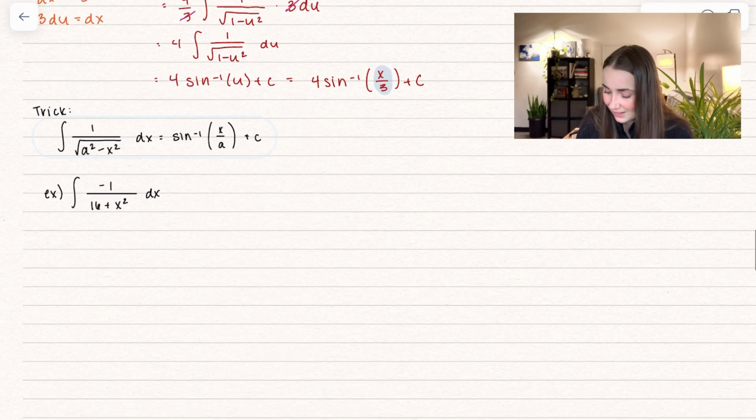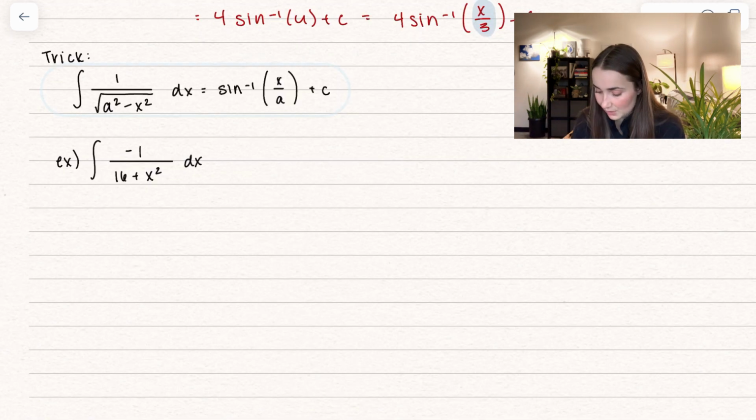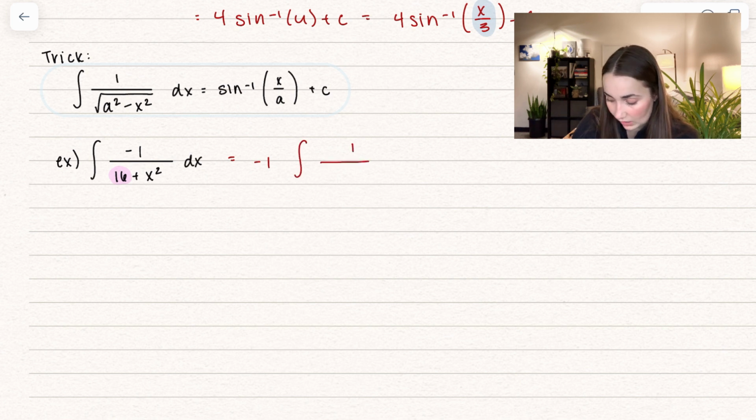So now let's go ahead and think about arctangent. So in this one, we have a value of 16 instead of a value of 1. So our first step is to go ahead and rewrite this. I'm going to bring out that scalar of -1. So now I have a 1 in the numerator, which is what I like to see. And I'm going to rewrite this as 4 squared plus x squared because this tells me what I'm going to multiply by.